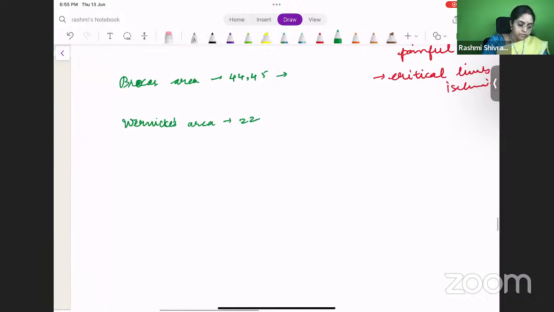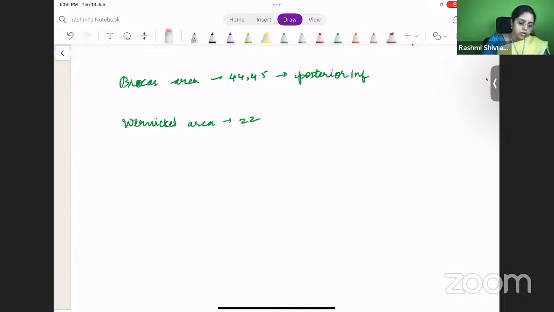The Broca's lesion will be in the posterior inferior frontal gyrus, in the frontal region, whereas Wernicke's will be in the posterior part of the superior temporal gyrus.